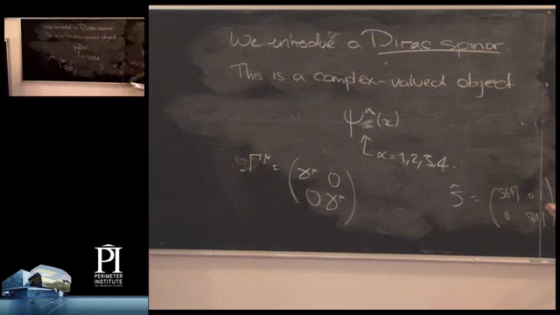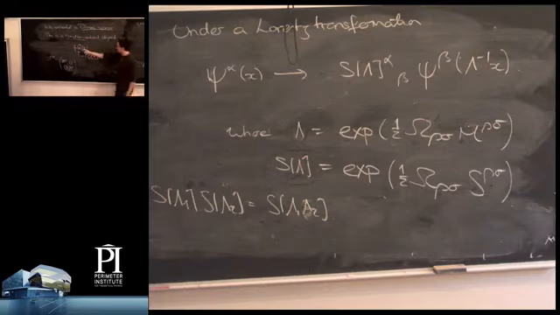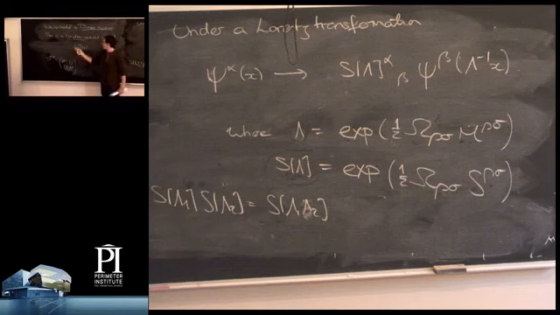Okay. There's one other thing I want to stress, which is that I've insisted this thing is complex valued. So why is that? I could think, well, let me just write down a real vector here. Why does it have to be complex? Well, the reason is that if I wrote down a real vector here and I acted with a Lorentz transformation, these matrices S are typically complex. So I'd end up with something that was complex after a Lorentz transformation.